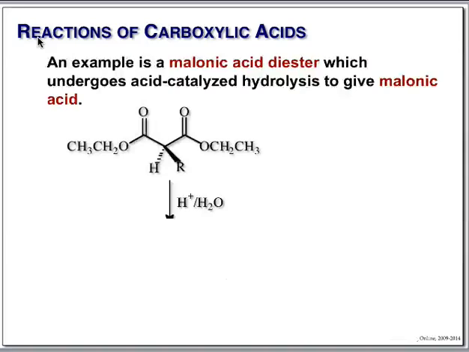The way this happens, in the presence of acid, we go to malonic acid. Again, these are esters. Remember we said with an ester, add acid and water, it goes back, doesn't it? To the acid. As soon as you get to the acid here, this is all set up for decarboxylation.